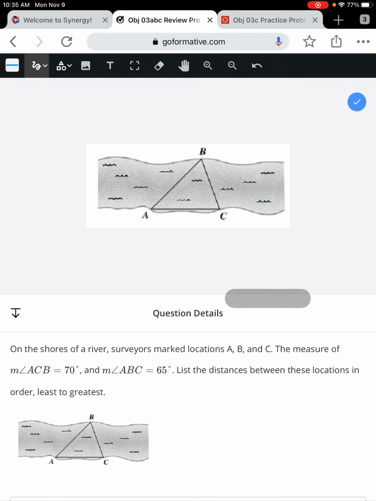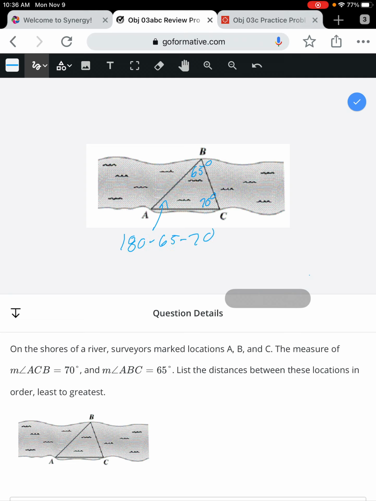Okay. For this one, surveyors on the shores of a river: angle ACB is 70 degrees, angle ABC is 65. You want to find this angle here, which is going to be 180 minus 65 minus 70, which is 45.